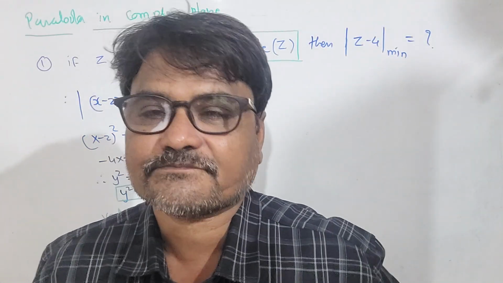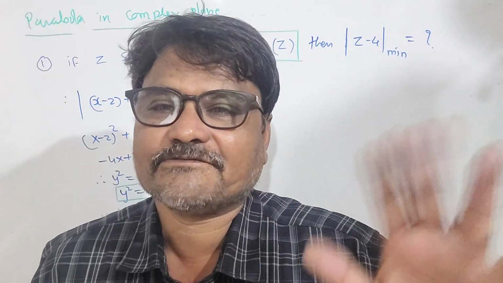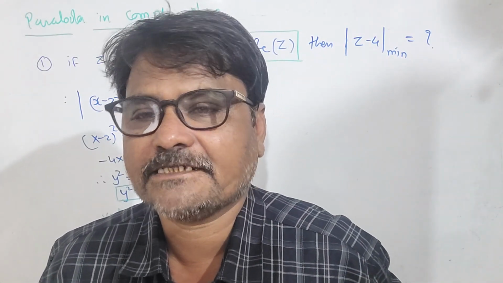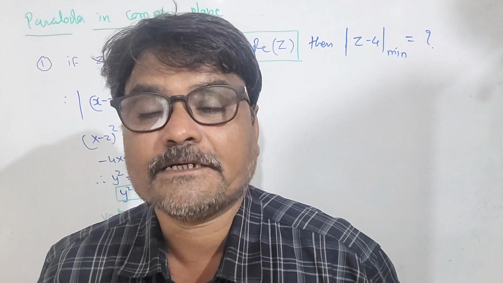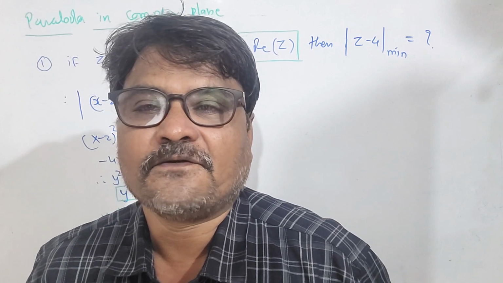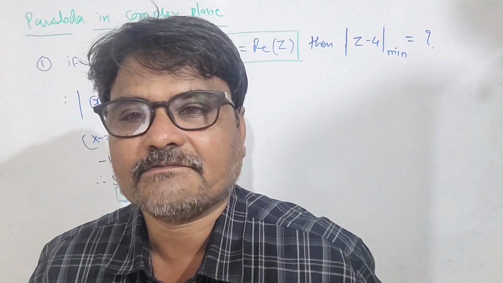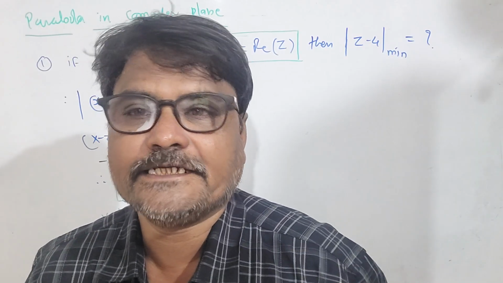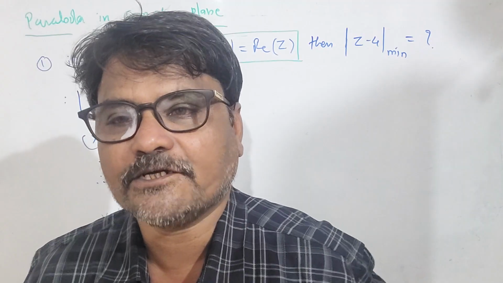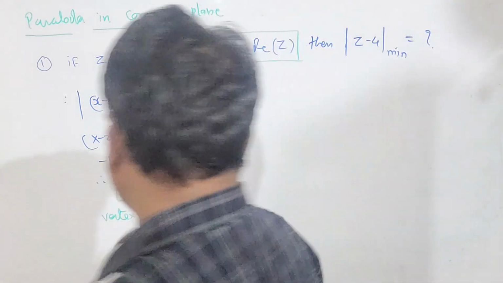So the parametric coordinates at square, 2at will not be there, and you cannot write the equation of normal like y equal to minus tx plus 2at plus at cube, because this is a shifted parabola.